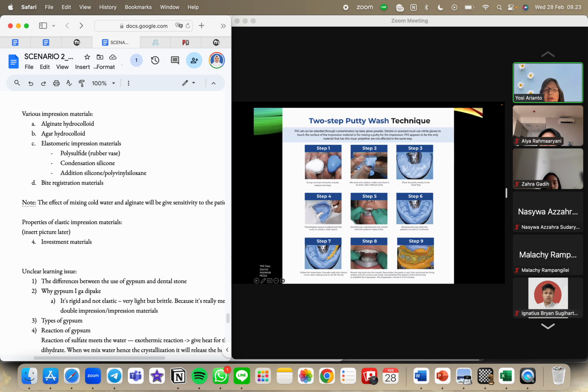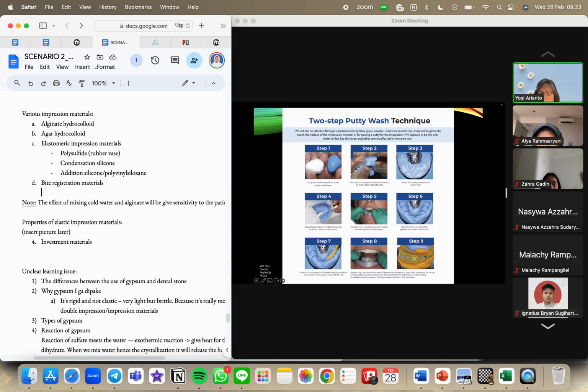Okay, this is the double impression that I have already explained to you. You make this first putty heavy body, and then you make the impression. This one uses the polyethylene spacer. Then you get the impression, and after this, you put the light body, not too much, and then you impress again in the mouth.